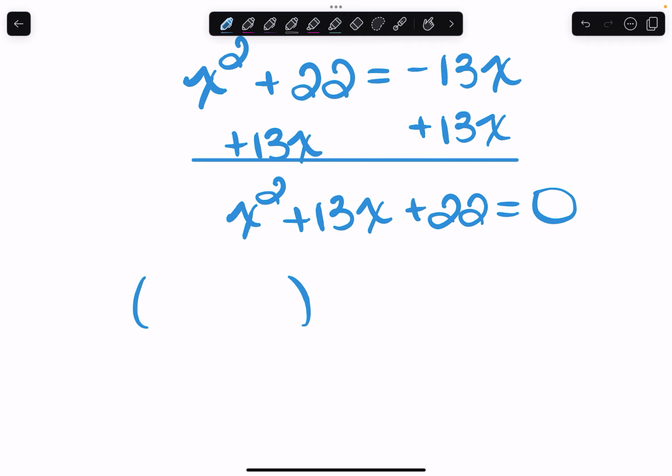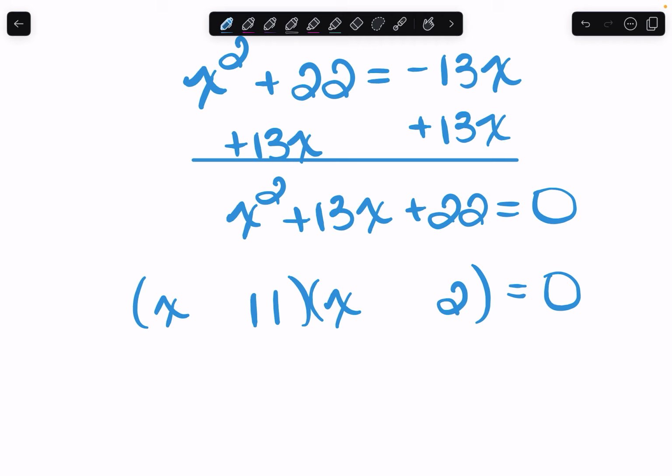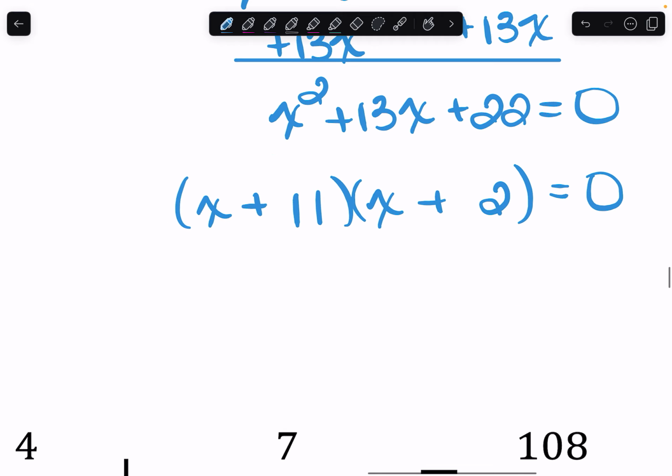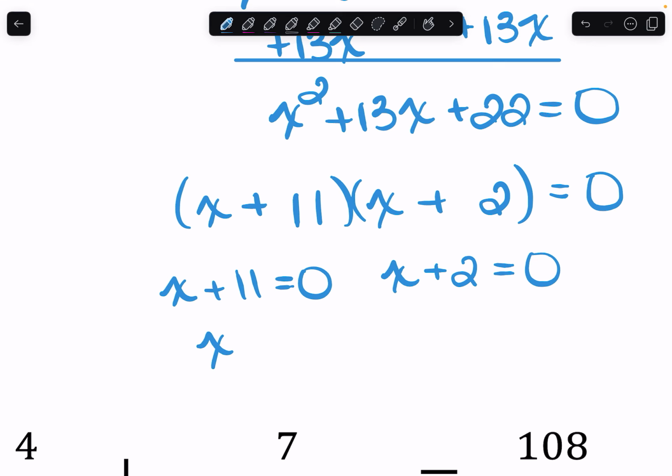So double bubble, since the leading coefficient's 1. We know it's x and x. Multiply to 22, add to 13. That is 11 and 2, and they're both positive. So then we set each equal to 0. I'm going to move my 11. I'm running out of room, so I'm just going to move it without writing it down.